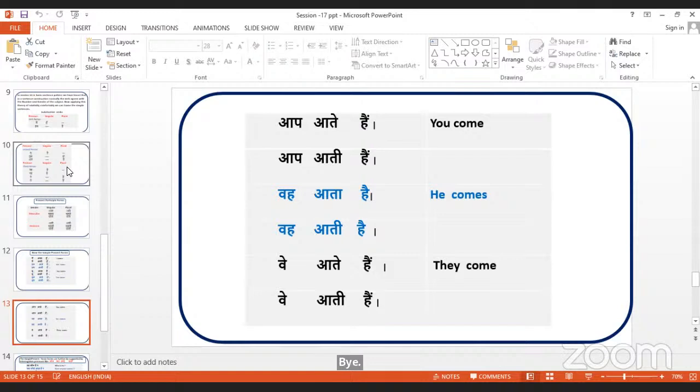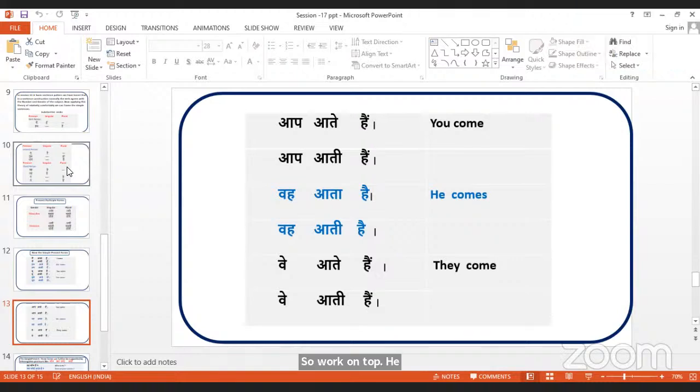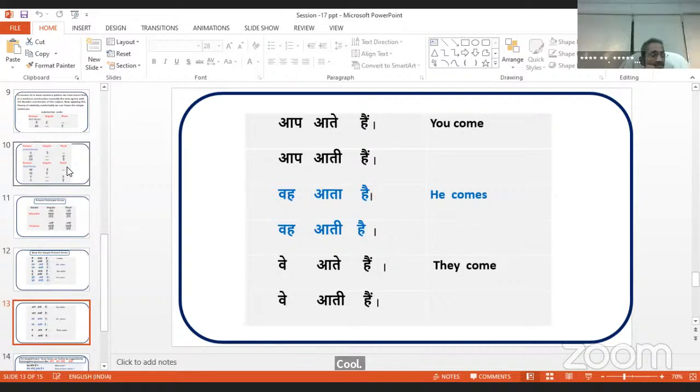वो, it is masculine and here it is singular. Always singular. तो वो आता है. वो आती है. Now plural of वो is वे. वे आते हैं.